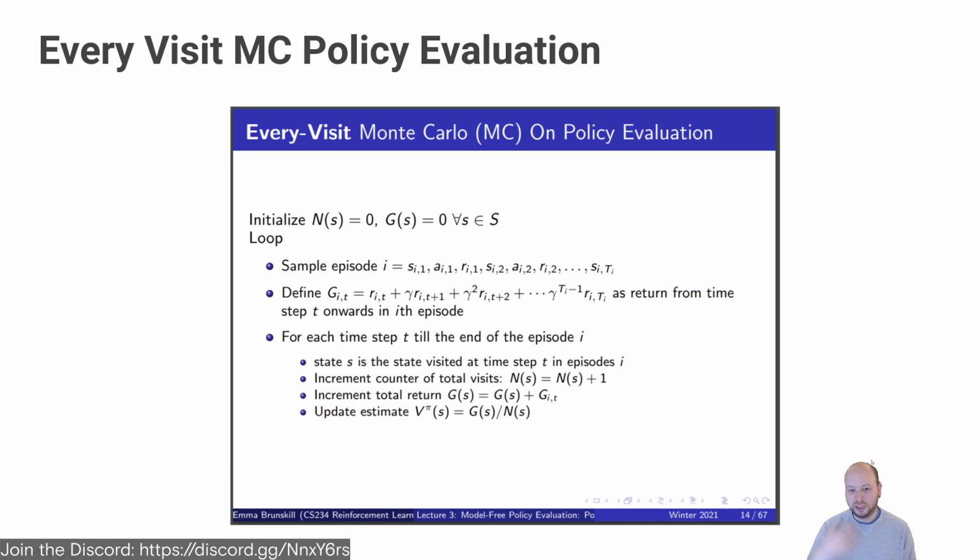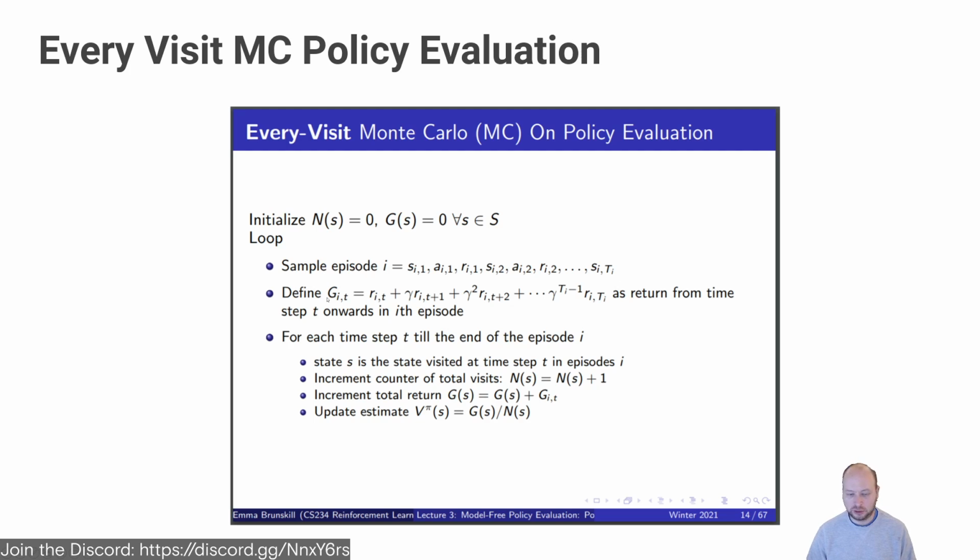So you can already imagine, what if you have a cyclic thing and you hit this really valuable state multiple times? You kind of want to integrate that into your policy evaluation. And so there's also a variant called every visit Monte Carlo. So you also handle the situation where you run into a state multiple times. It's very similar, right? You sample your episode like we did before.